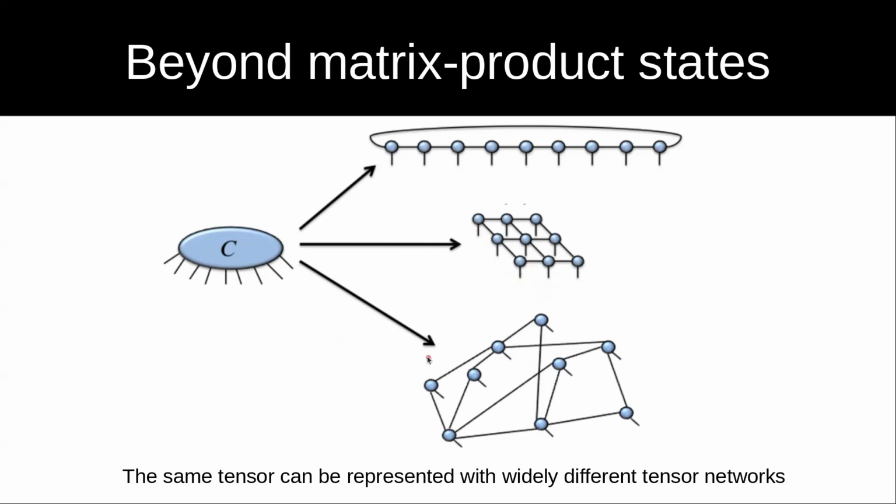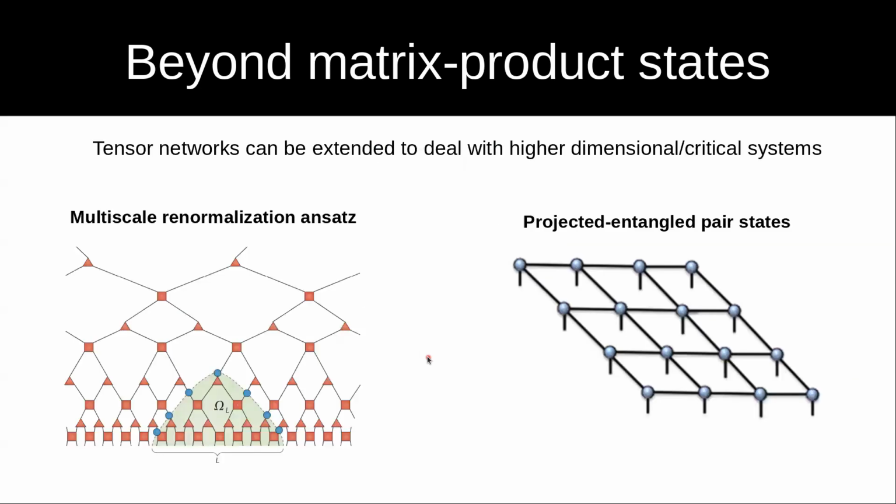And of course, if you think about other architectures, such as the multi-scale entanglement renormalization ansatz, then those allow you even to have bigger and more different types of quantum entanglement. So in practice, you can think that tensor networks are a whole family of variational algorithms that in a way allow you to parameterize quantum many-body wave functions.